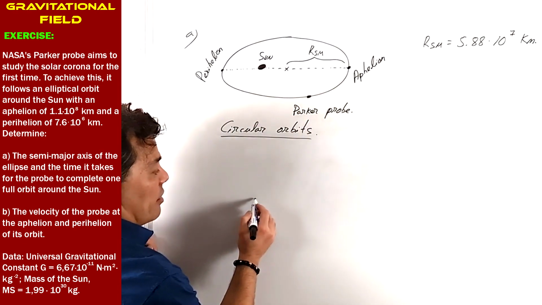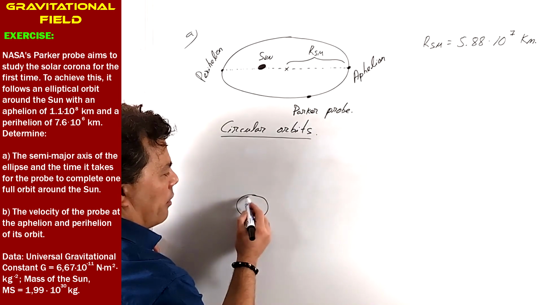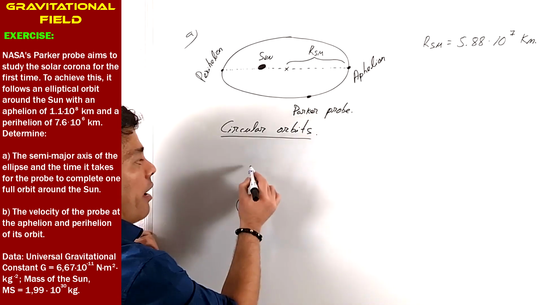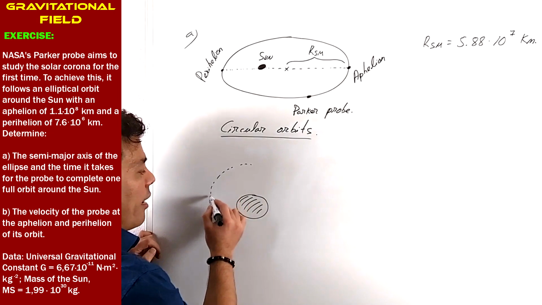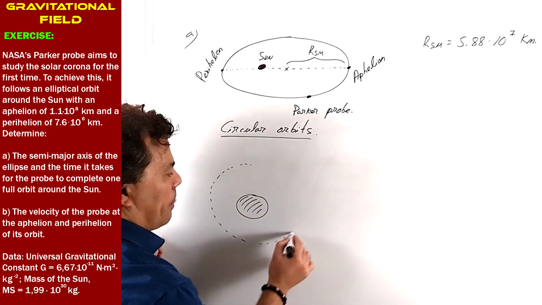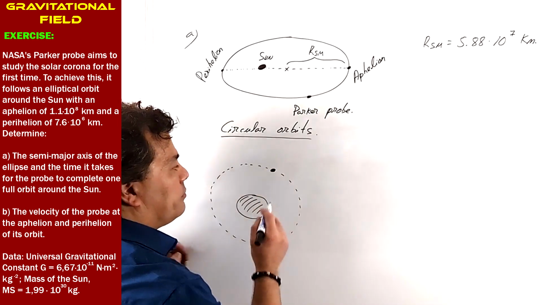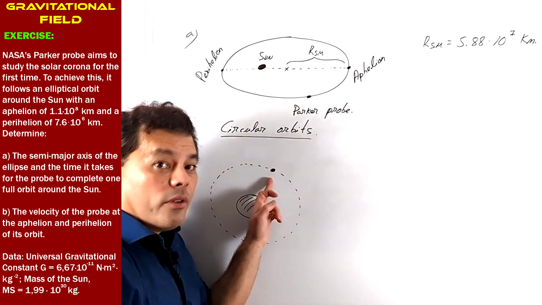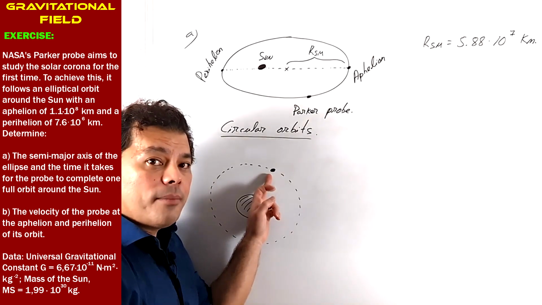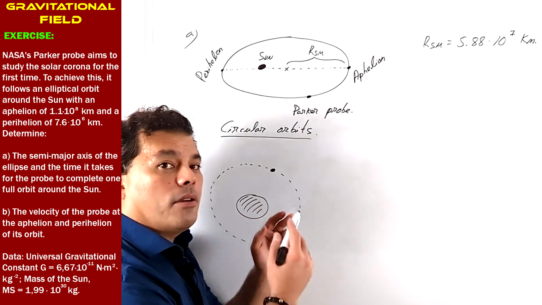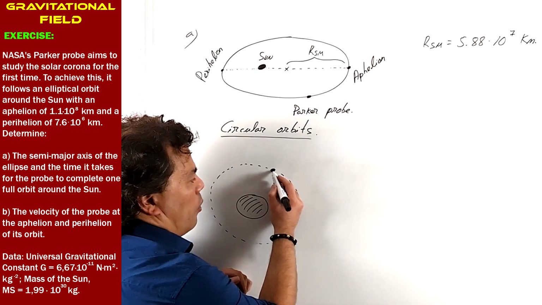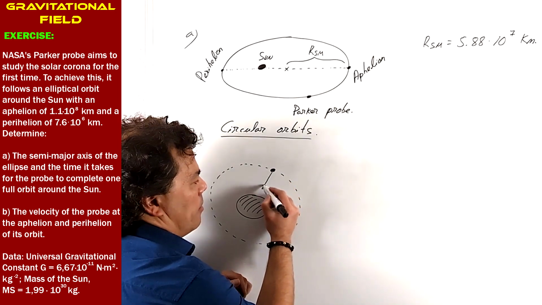Here we have a central mass, a star, a planet, whatever, and here we have a little satellite orbiting it. What I want to explain to you is that what allows this little satellite to be here is the balancing of these two forces. One of them tries to pull it inward.